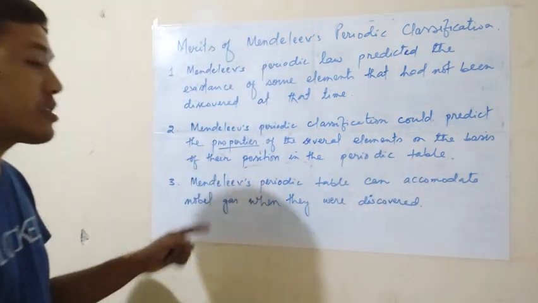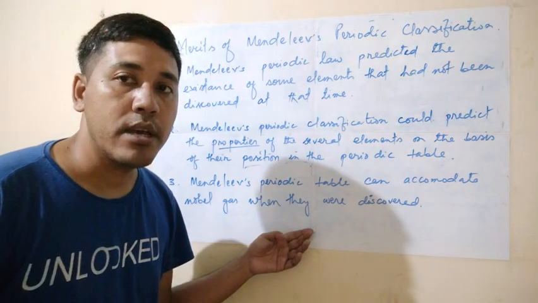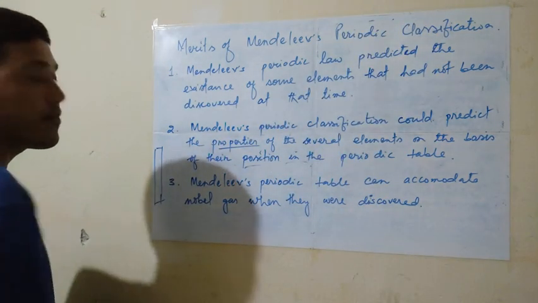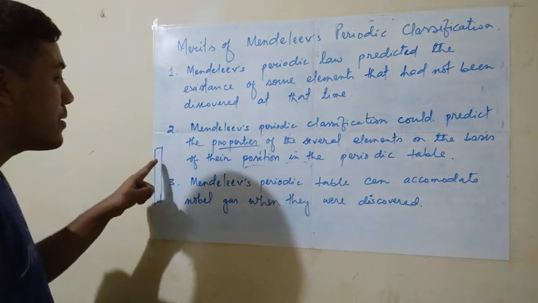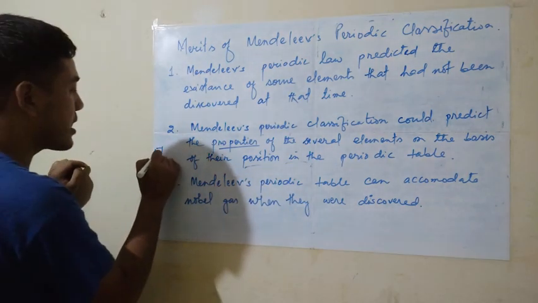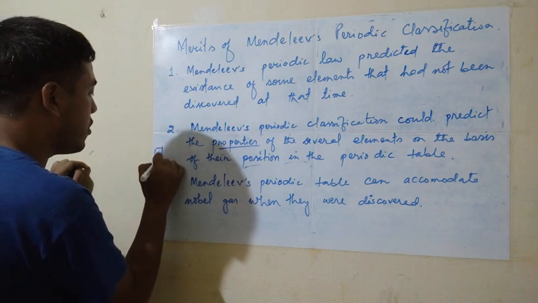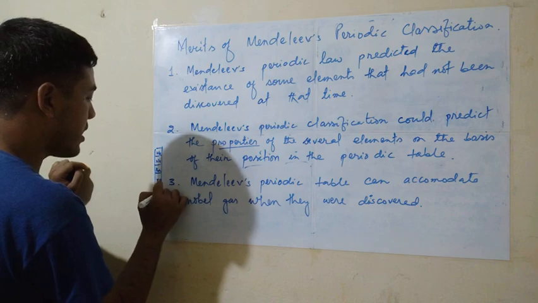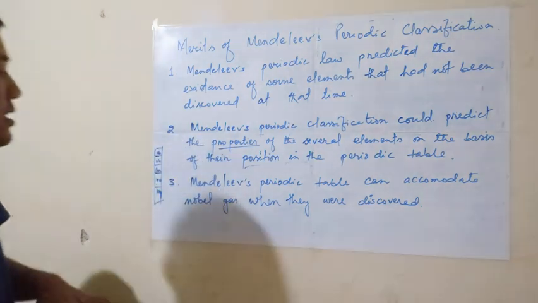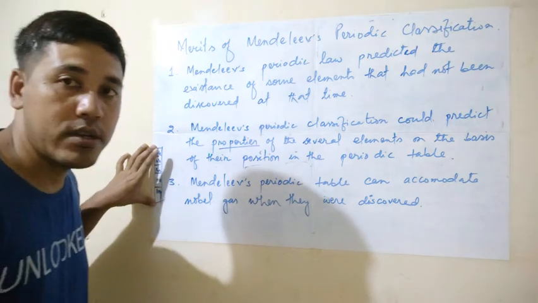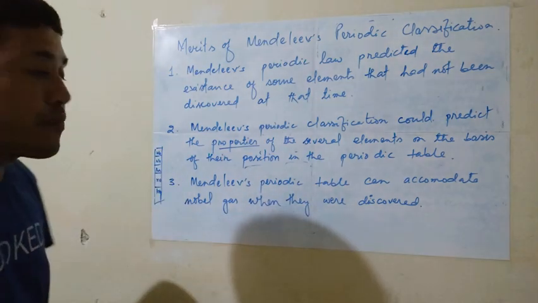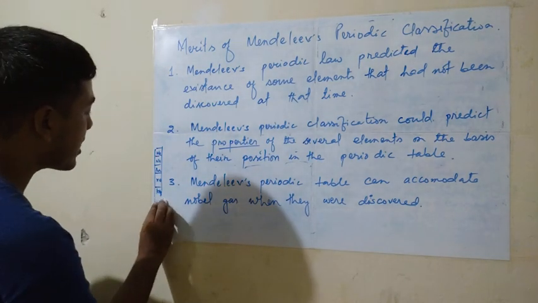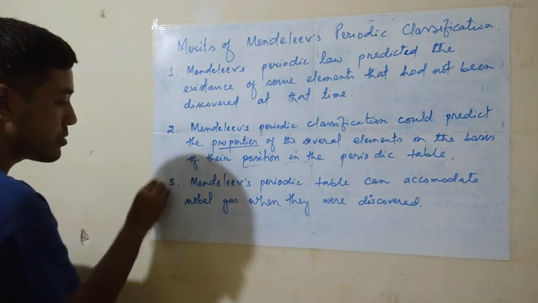In his time there were no noble gases, but he already left one gap, and in this gap all the noble gases would be placed, for example helium, neon, argon, xenon and krypton. For all these noble gases he left one gap, but they were not discovered at that time, right?